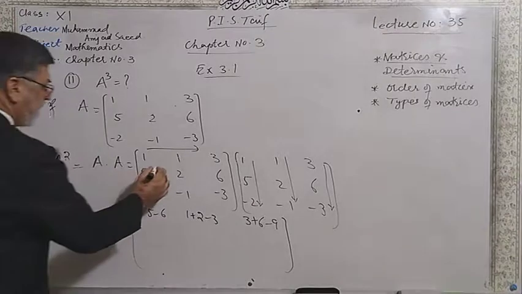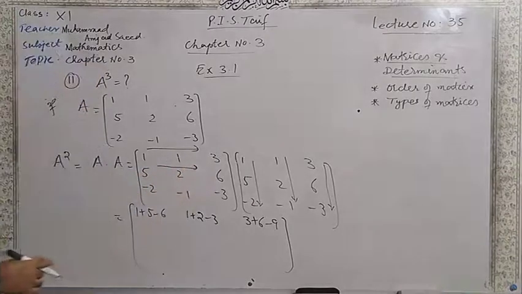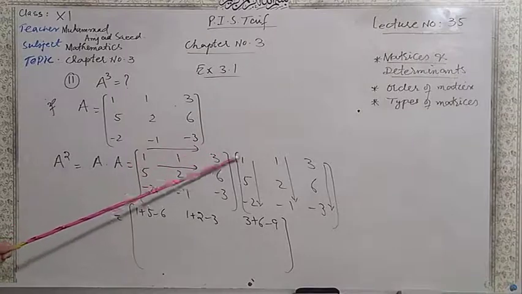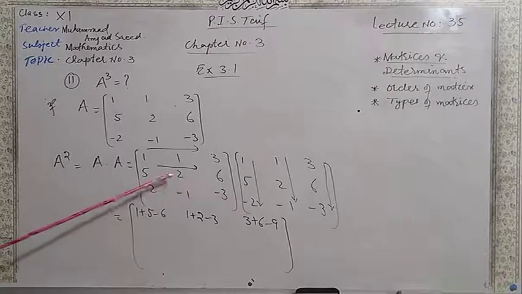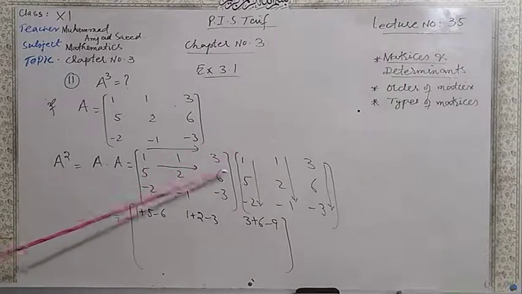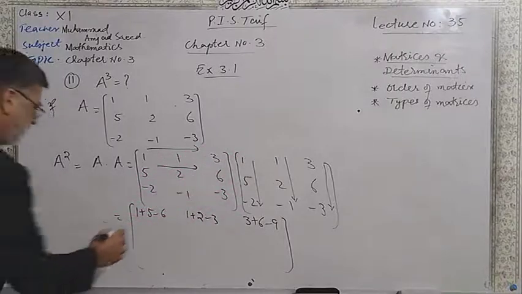Then the term of second row. First into first, 5, plus second into second is 2 into 5, 10. So 5 plus 10 minus 12.